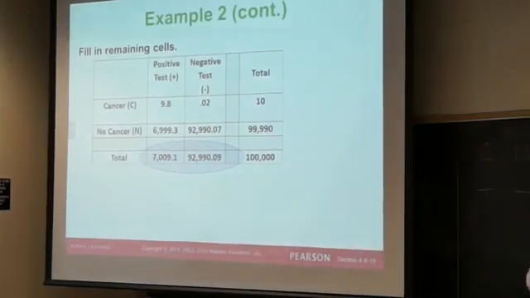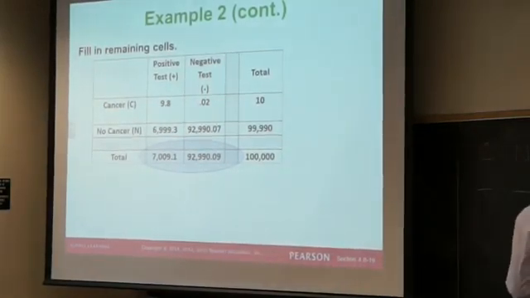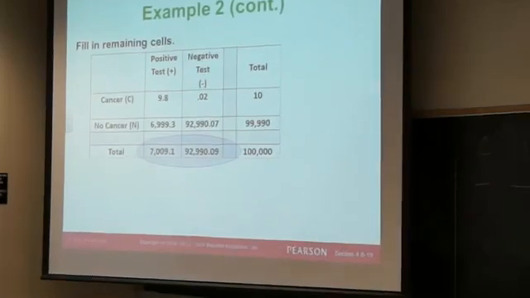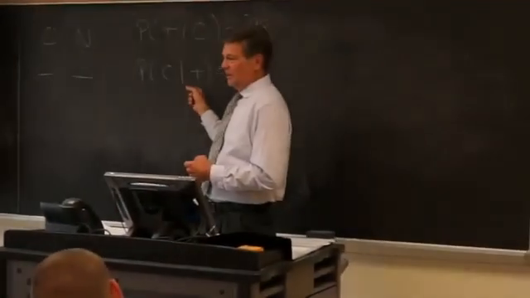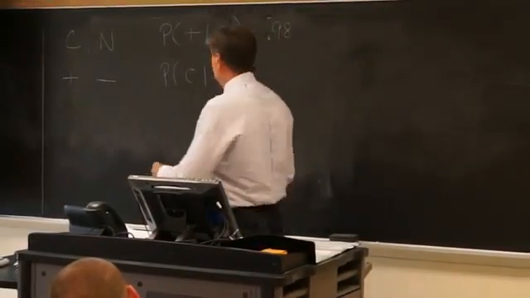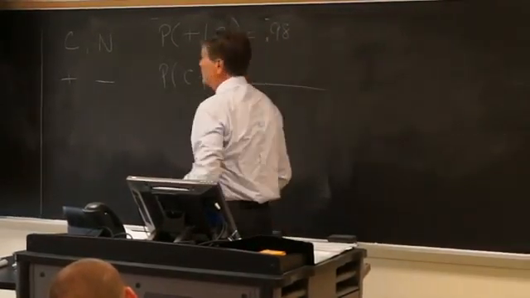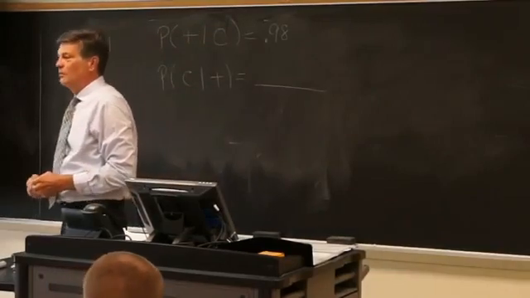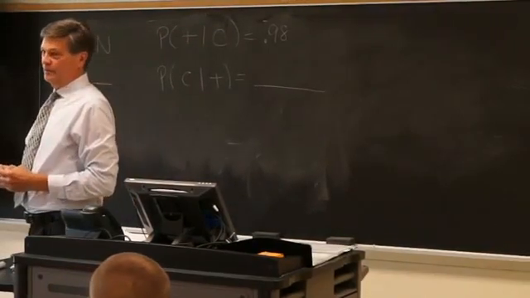Now we're ready to calculate the probability, aren't we? What are we interested in? The probability of C given a plus. If the test is positive, how likely is it that I got cancer? All right. We know how to use that table. What goes in the denominator?